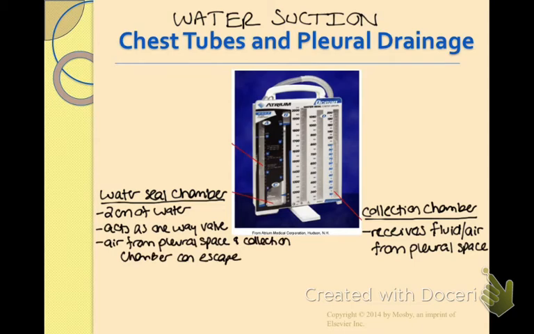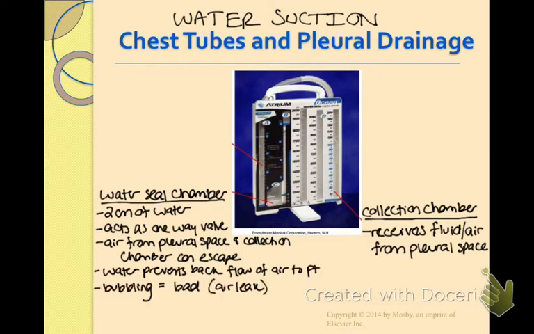So air from the pleural space and collection chamber can escape, and water prevents the backflow of air to the patient. So what we don't want to see and hear is bubbling, because bubbling is bad. That means there's an air leak. Now, there is one exception.